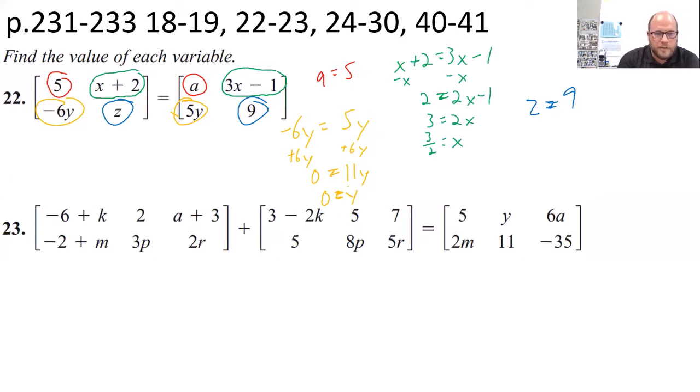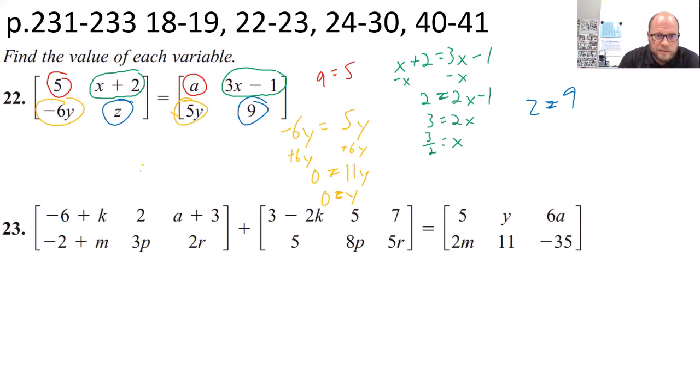Now, number 23 is essentially the same thing, a little bit more challenging because, again, they have addition between the two matrices, but the matrices are the same size. We have 2 by 3 matrices. So the two values that are in the same positions in the first two have to add up to give us the one in the last matrix.